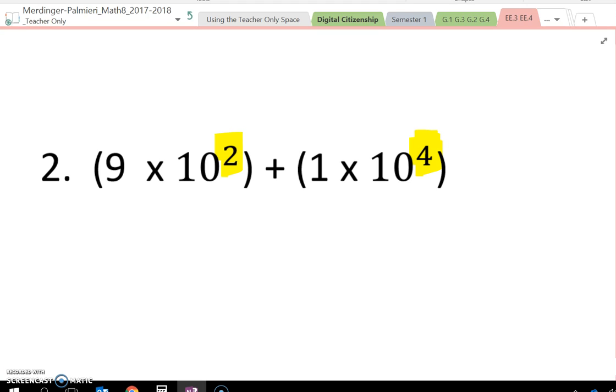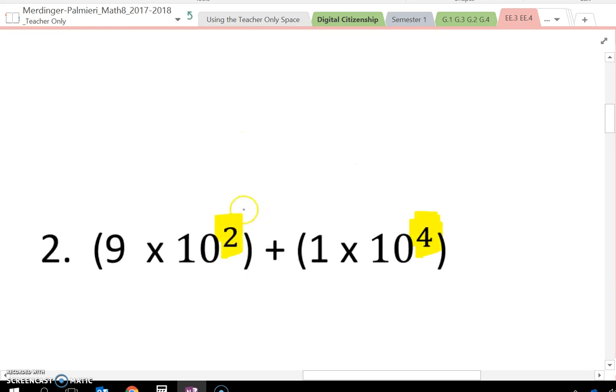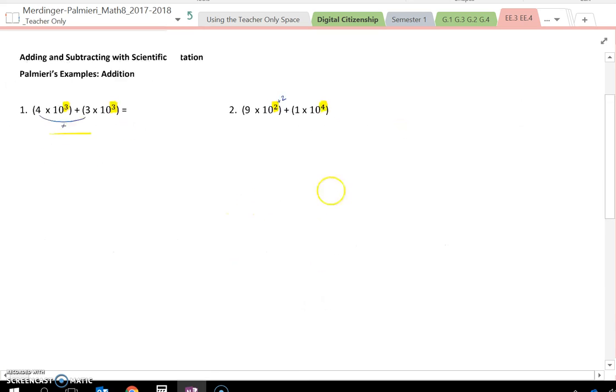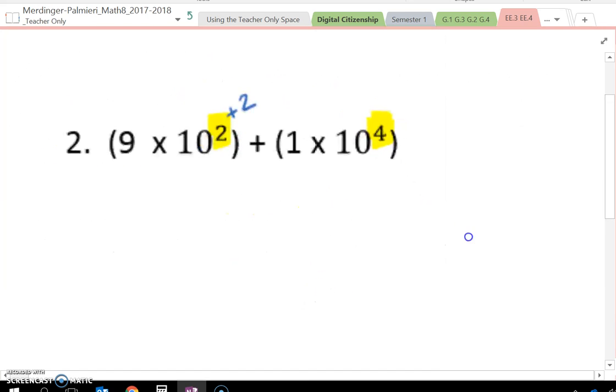But the one recommended way to minimize the amount of work that you have is to always take your smaller exponent and match it to the larger one. In this case, our smaller exponent is going to be the 2. So now you have to ask yourself, how am I going to turn the 2 into a 4? And we do this by adding. So 2 plus 2 is going to be 4.